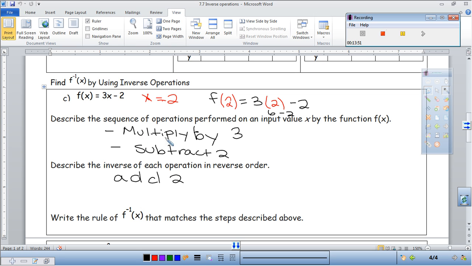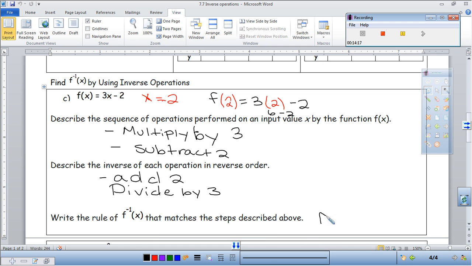Okay, and then what's the opposite of multiply? So we're going to divide by 3. Describe the inverse of each operation in reverse order. That's what we just did. Now we're going to write the rule. We're going to write it as an equation using these steps.